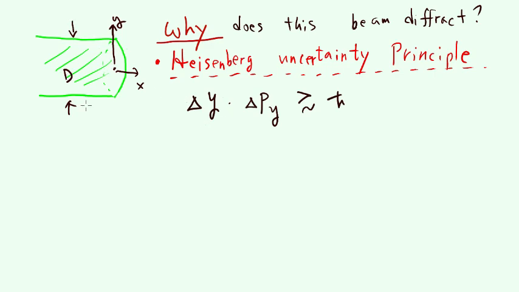Sometimes delta y is defined as the standard deviation of the wave function, or you can define delta y as the full width half maximum. Depending on how you define these quantities exactly, there may be some other numerical factors which appear, and we're not actually interested in those numerical factors. We want the physics up to certain numerical factors which can be worked out later on if necessary.